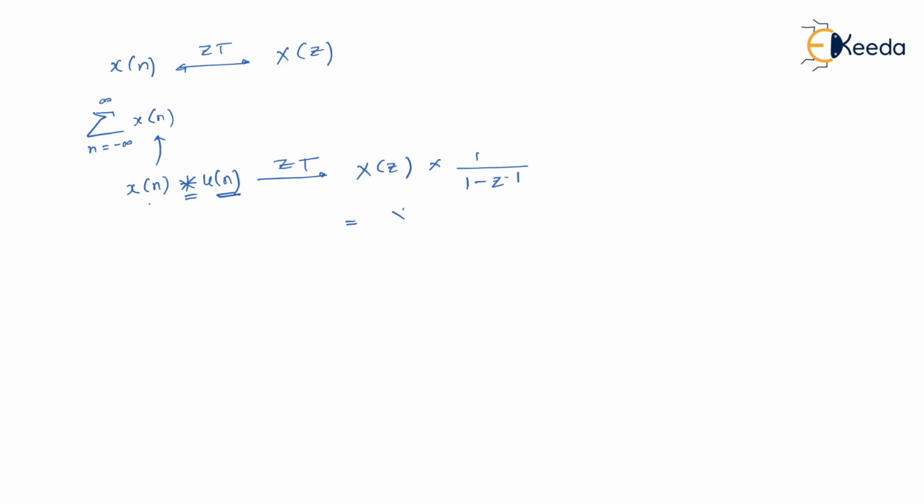Can I say this is simply equal to X of z upon 1 minus z inverse? I'm sure you understood this. This is how we get this answer, X of z upon 1 minus z inverse, by using this summation property. So the z transform is simply X of z upon 1 minus z inverse.